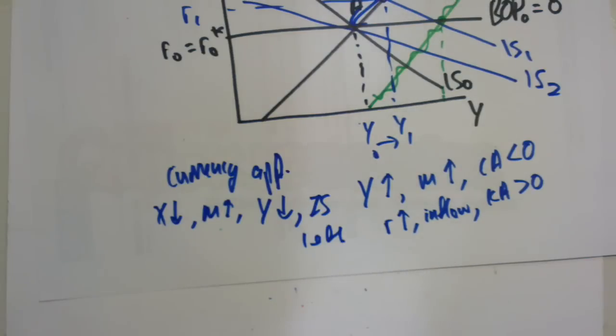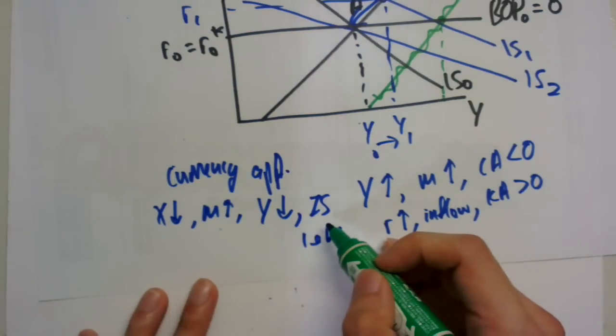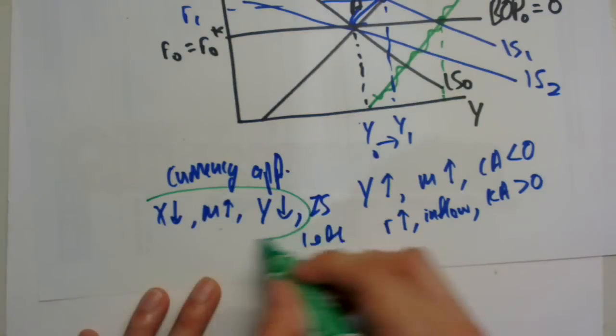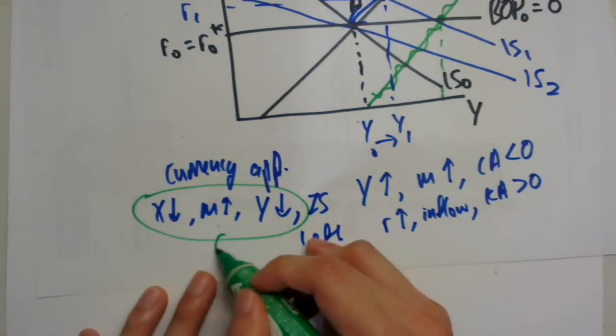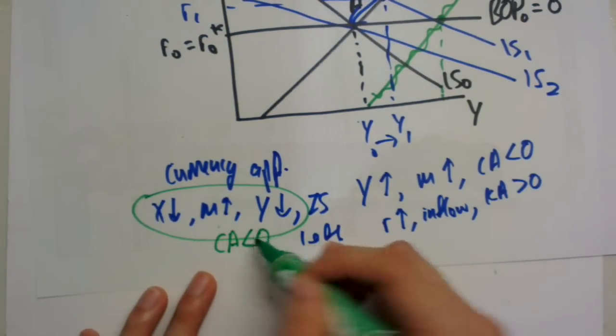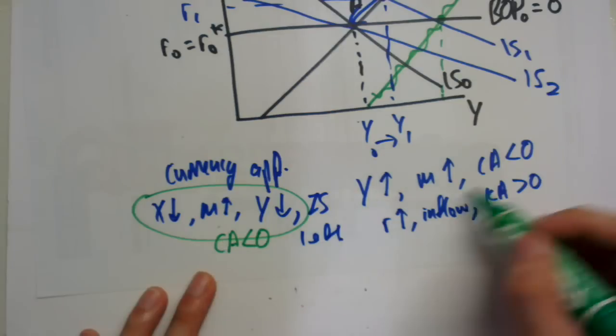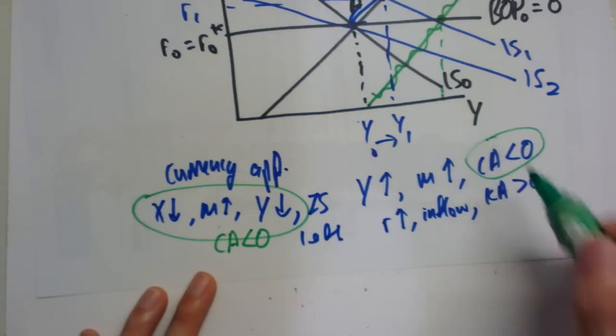Now, if you ask me what happens to BOP then, what is it exactly that makes BOP 0? Because output is going to go back to 0, this portion over here is going to cancel out because this is going to give me CA less than 0, correct? So this is going to cancel out this part, right?